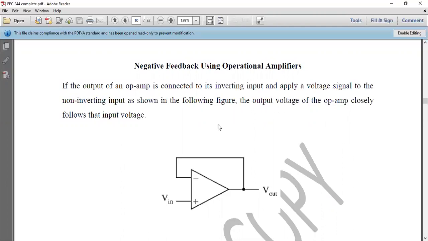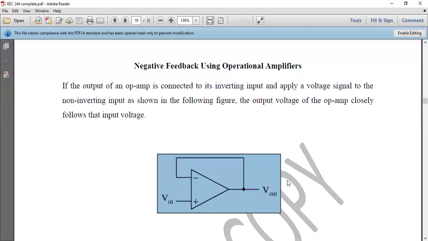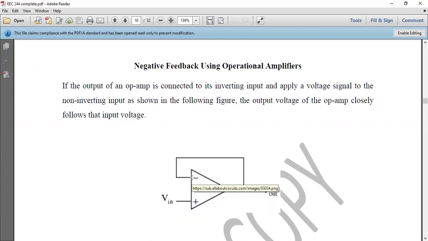Now, if you send this signal to this amplifier that we have here, it is a specially wired op amp. This is not the structure of an op amp. We have a feedback connected now from the negative terminal to the output. It means that the output voltage can be taken back as a signal to the input here, to the inverting input.